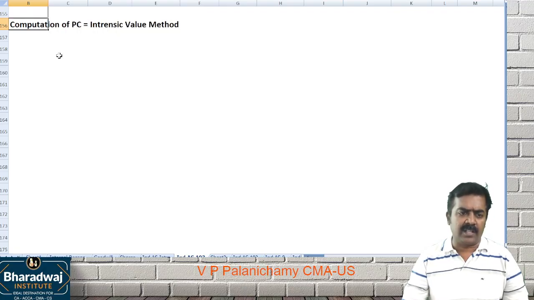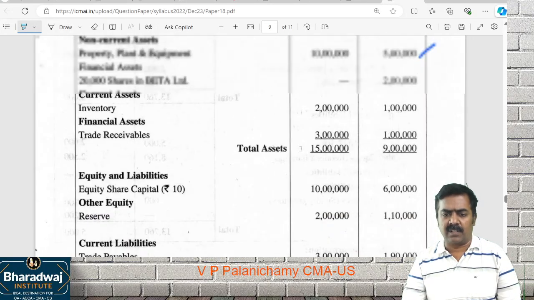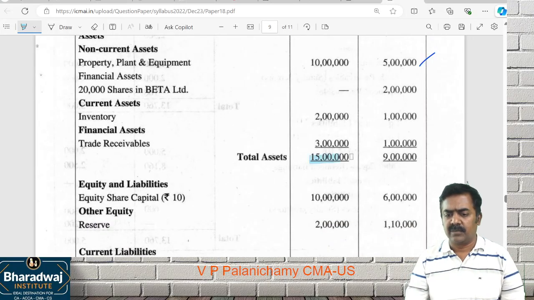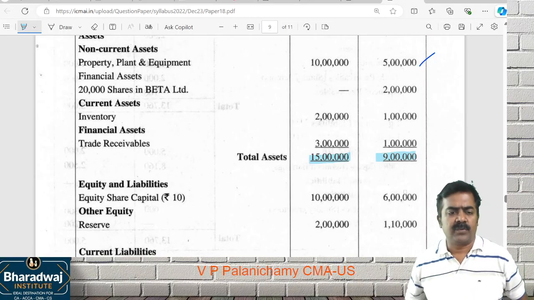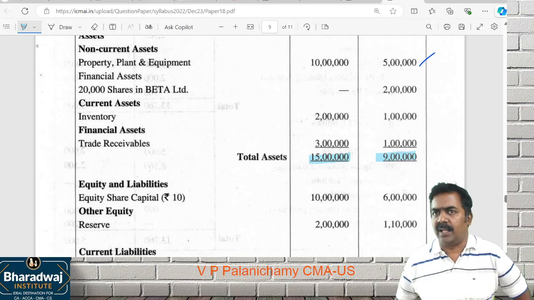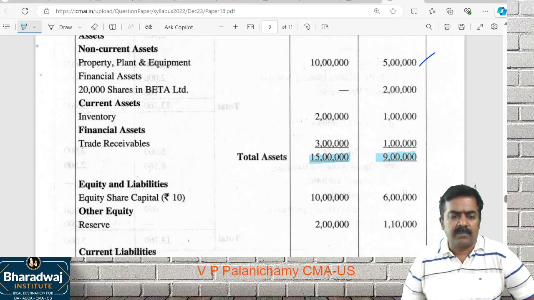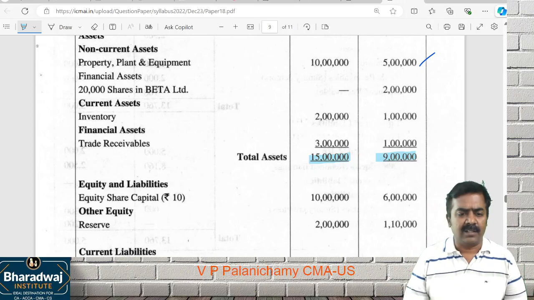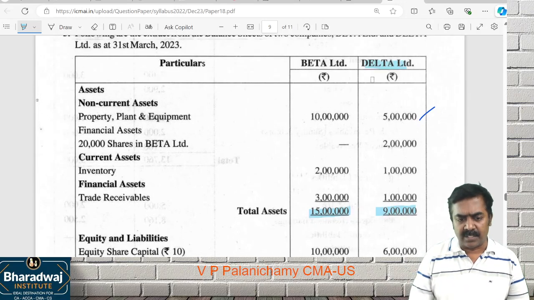So no need to total the assets once again, because the totals of assets are already given to us: 15 lakhs and 9 lakhs. Before that, look at this. Delta Limited is holding some shares in Beta Limited.